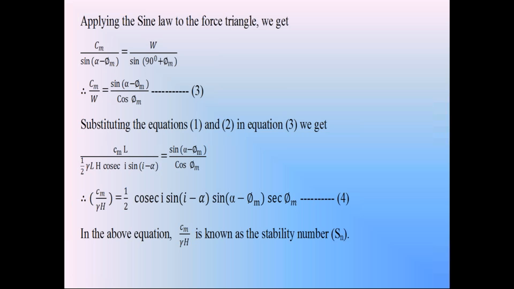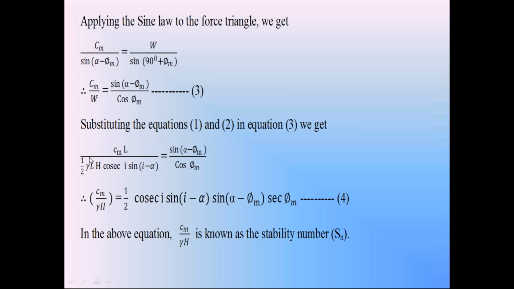So check that procedure carefully. Here we are using the sine rule in that force triangle, and we got this equation: Cm by W is equal to sine alpha minus phi m by cos phi m. But you know that the total mobilized cohesion capital Cm is equal to small cm into length L, where L is the length of the failure surface AD and small cm is the mobilized cohesion per unit length.